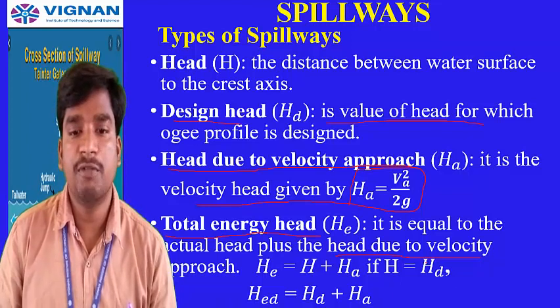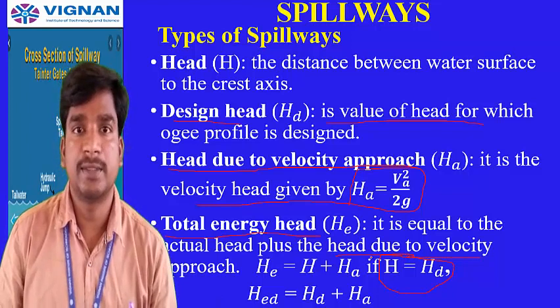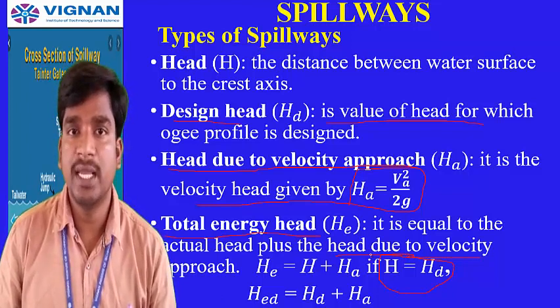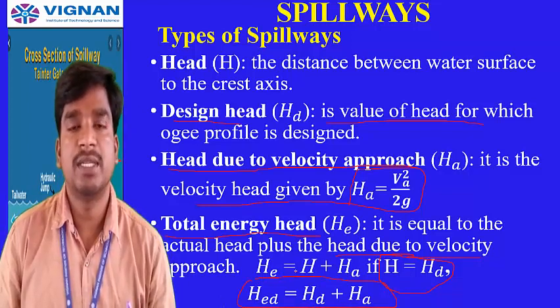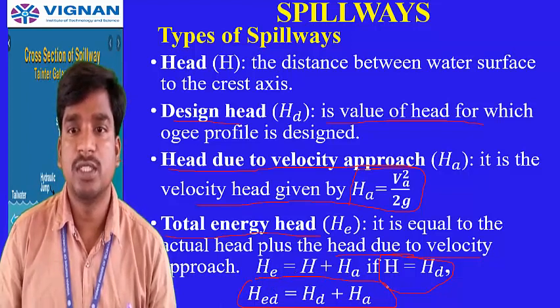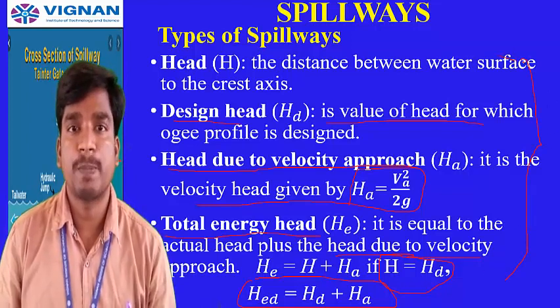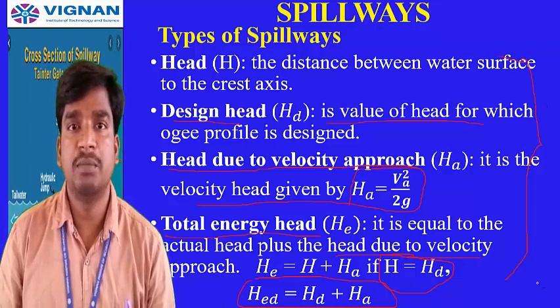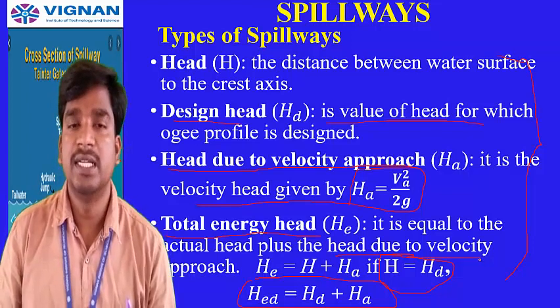In some cases, if the head we are taking is equal to the design head of the ogee spillway, then the equation will be treated as Hed equals Hd plus Ha. This is the important terminology you need to remember if you are dealing with an ogee spillway. In the next class, we will discuss in detail the ogee spillway profile: what the profile is and how it is designed. Till then, thank you so much.